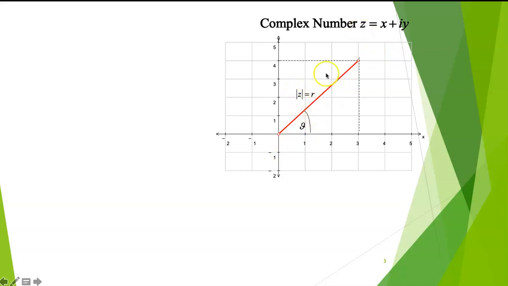And r is the modulus, which you find using Pythagoras, as we've discussed before. And you can use tan, cosine, or sine, any trig ratio of right-angled triangles, to calculate theta, but I always prefer to use tan.